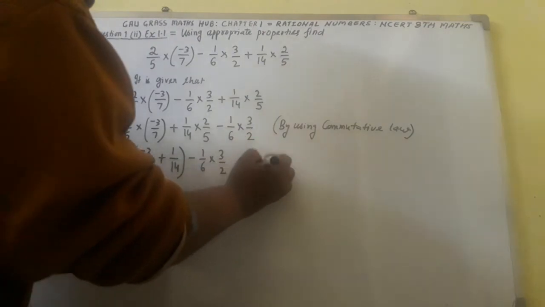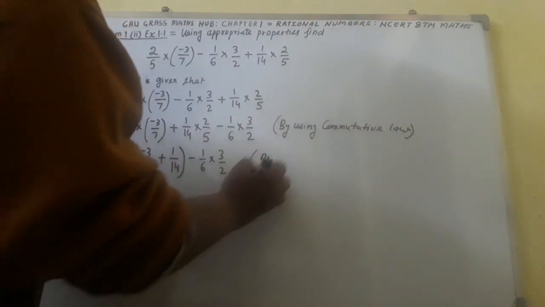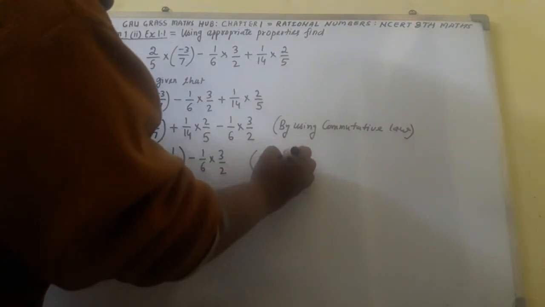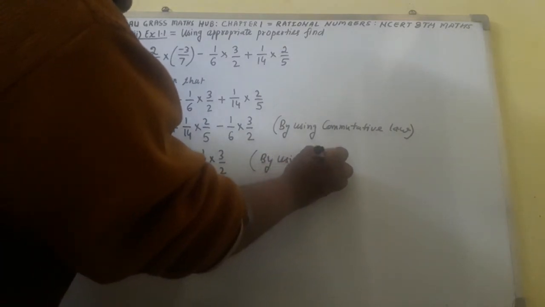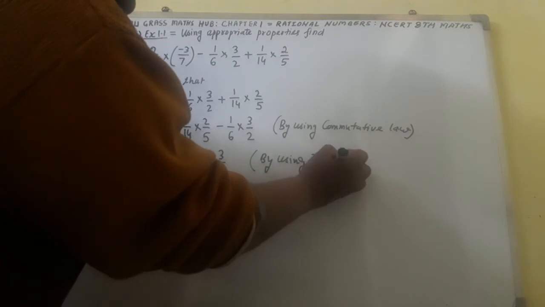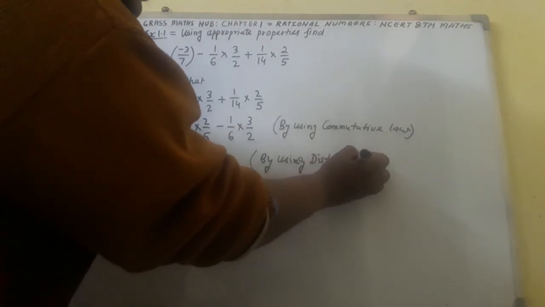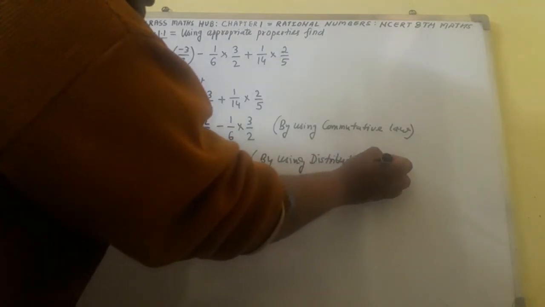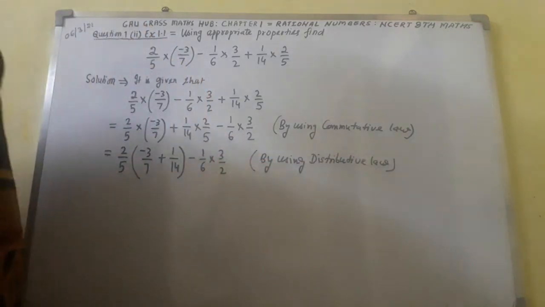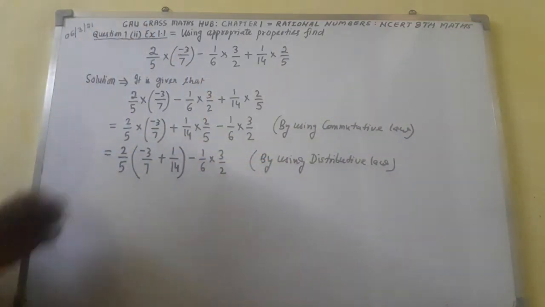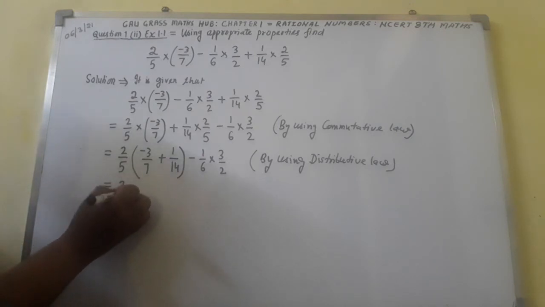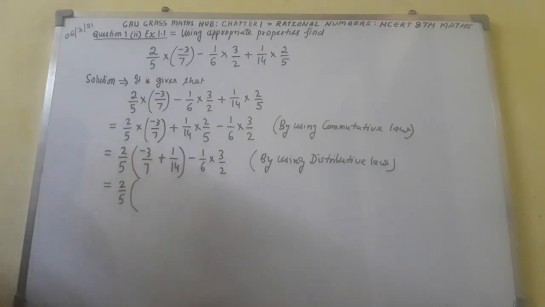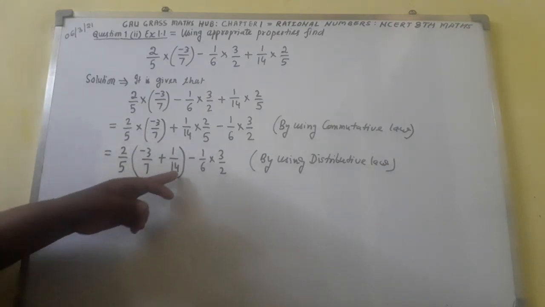Here I shall write by using the distributive law, I have got this one. What to do next? Next I shall write 2 over 5 in bracket. Here you can see 7 is there and 14 is there.